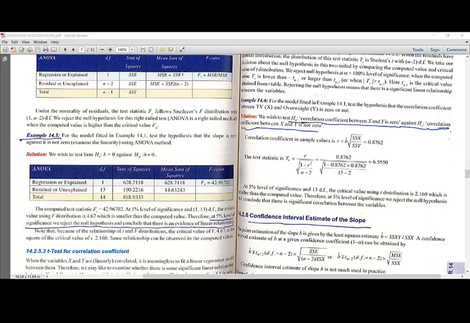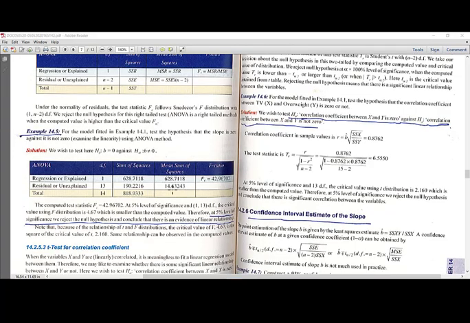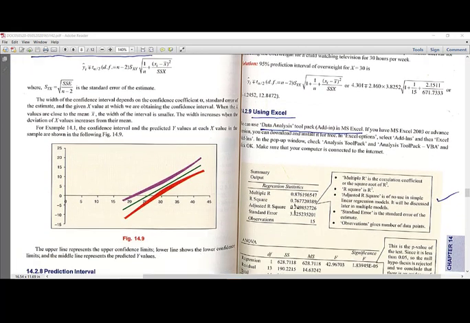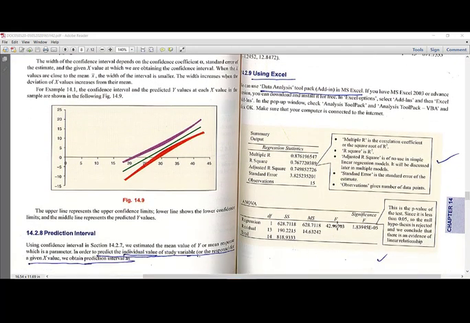And the mean squares: MSR is SSR by the degrees of freedom 1, so SSR by 1, that is SSR. And MSE is SSE by n minus 2. So the same thing, and here the F ratio is 42.96702. The same value you can see here.